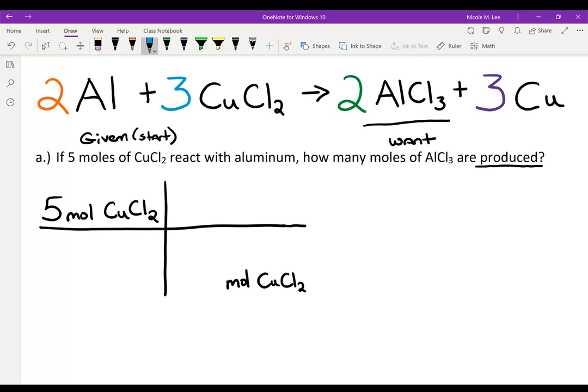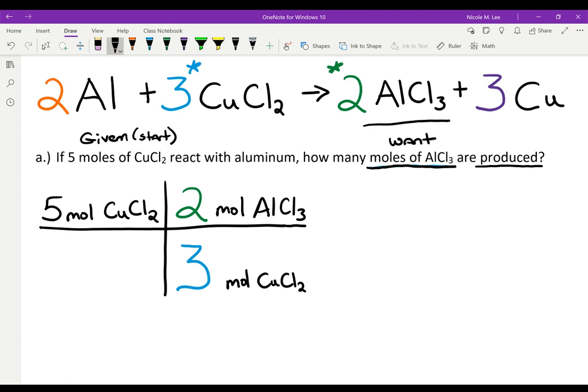If you look at your balanced chemical equation, you have 3 moles of copper 2 chloride. And what do I want to solve for? What is my molar ratio or my conversion factor? Again, you look up here and you wanted moles of aluminum chloride. That's in green, right here. So 2 moles of aluminum chloride go up here in the numerator.